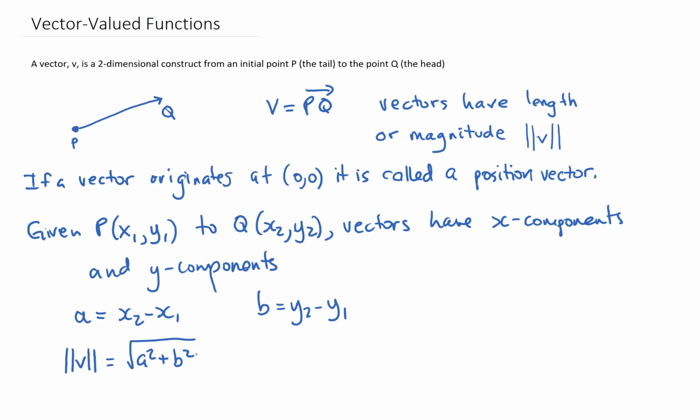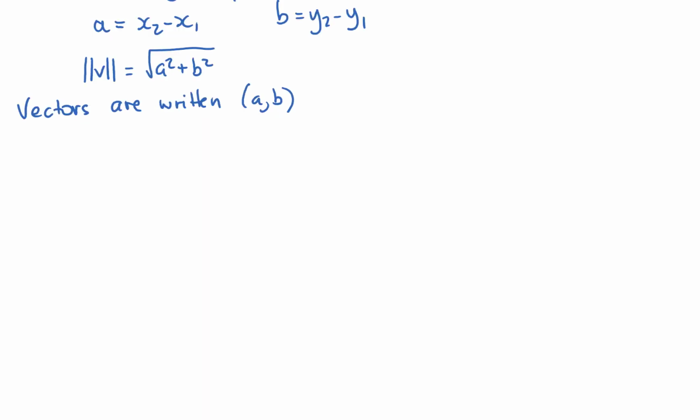And vectors are written just with these coordinates, or this AB notation. And unless otherwise stated, they're just assumed to start at the origin. Now, vector algebra is fairly straightforward.